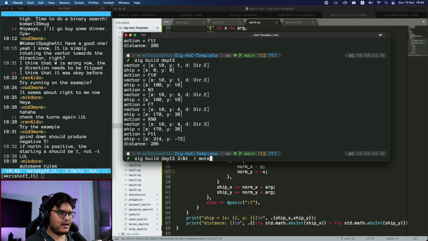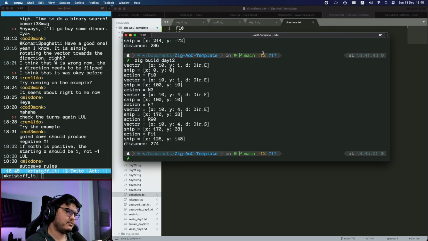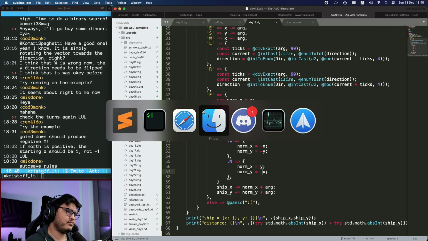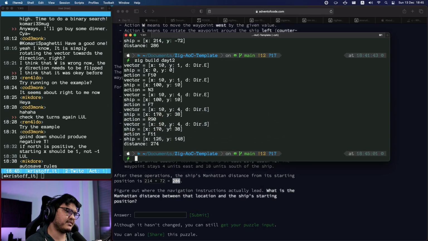Oh man, how can I mess with these things so much? Wait, this is now not giving the right answer anymore though for this simplified example. Oh damn.